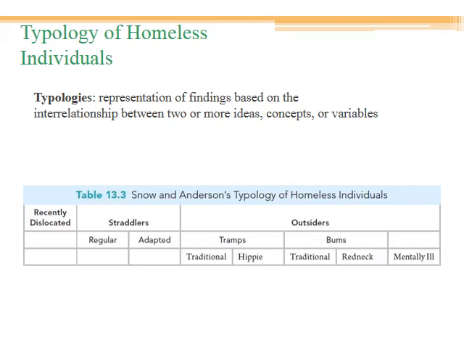Straddlers and outsiders were further categorized. So typologies are different from taxonomies because while a taxonomy's categories might not have any relationship with each other, a typology does. Here, the relationship is that they're all homeless individuals, but their experiences with homelessness result in different types, whether that's a straddler or an outsider.